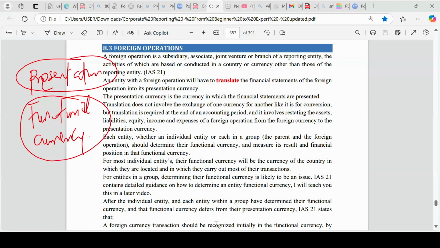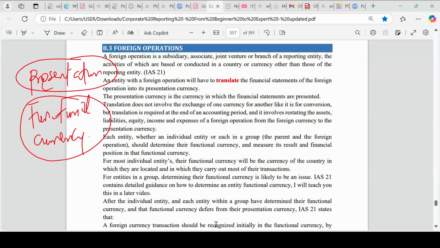So therefore, their functional currency in such a case is rand.